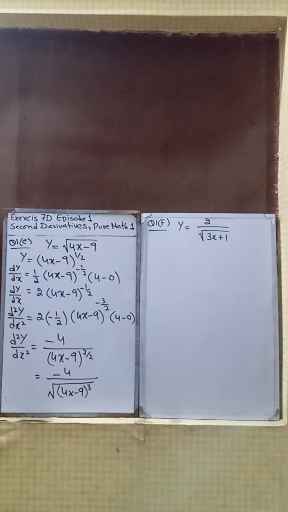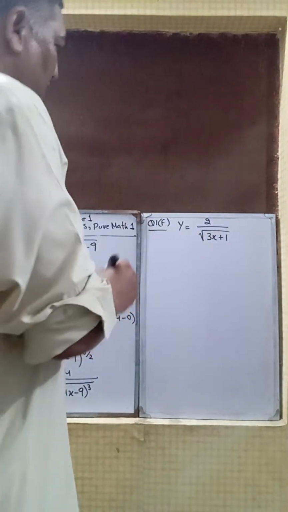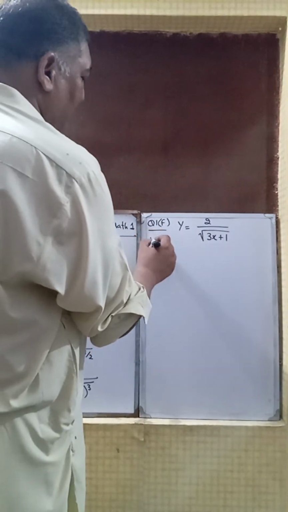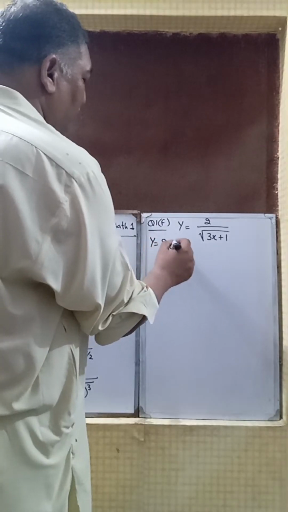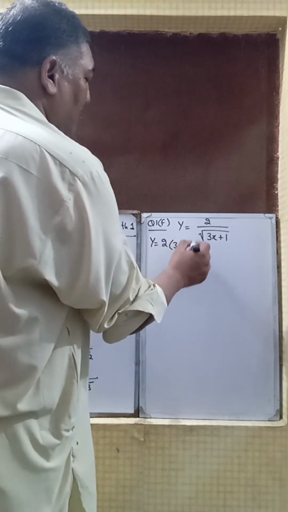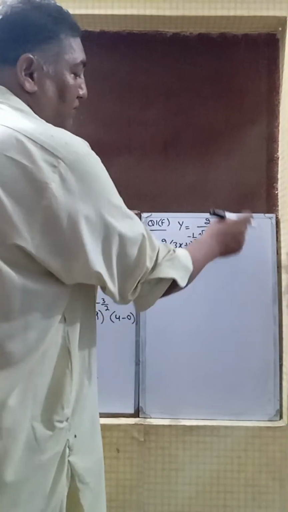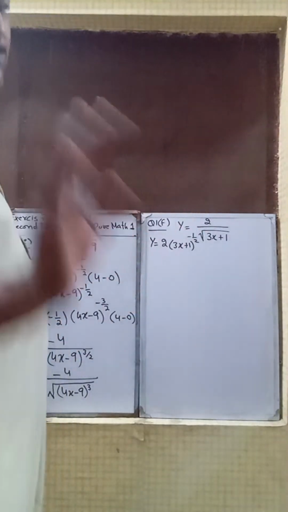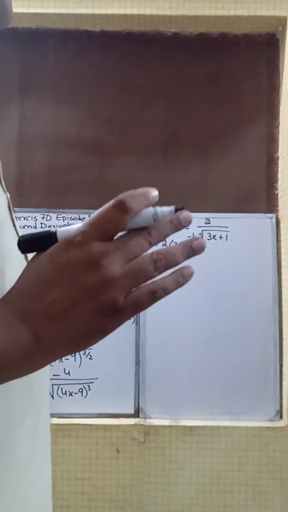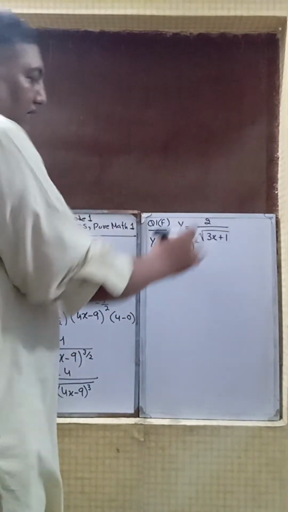This is the question they have given us. We have to find the second derivative of this. First of all, I will write it in the simplest form: 2 into (3x plus 1) raised to minus 1 by 2. The square root means raised to power minus 1 by 2 because I brought it upstairs.